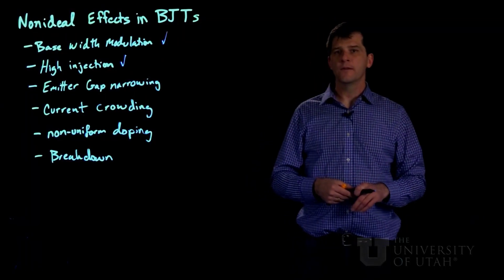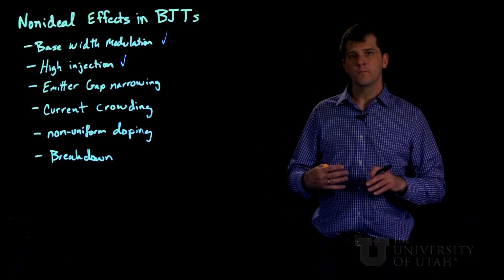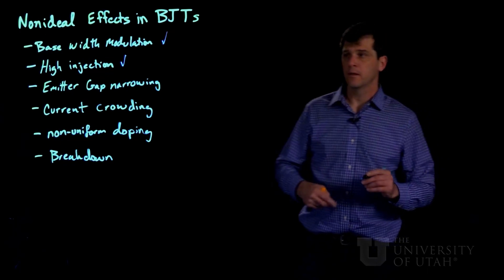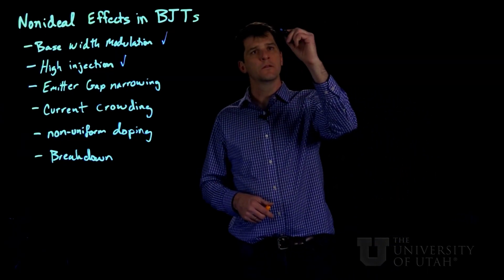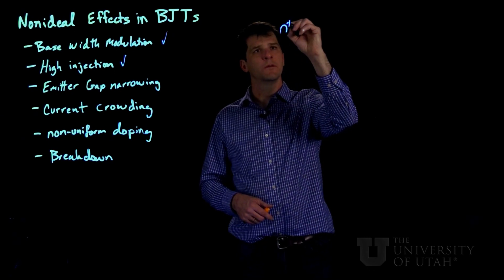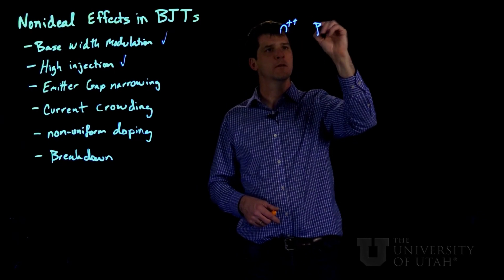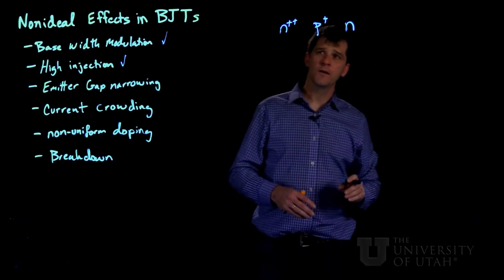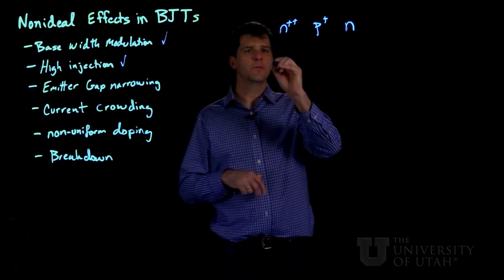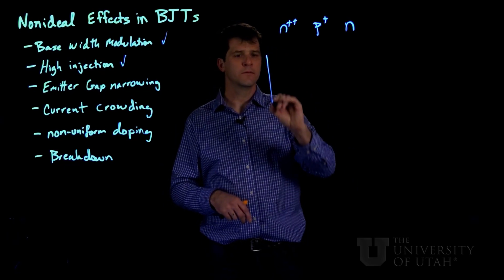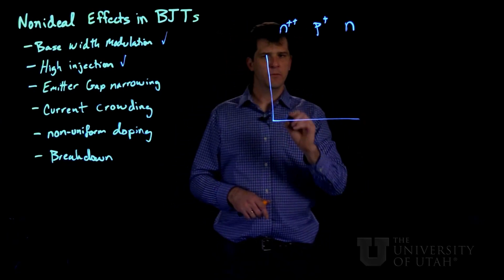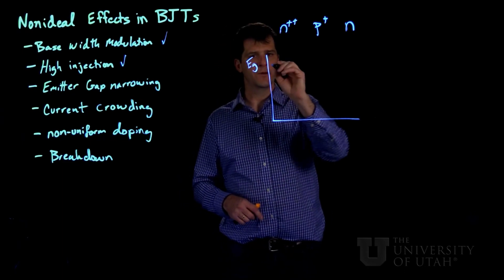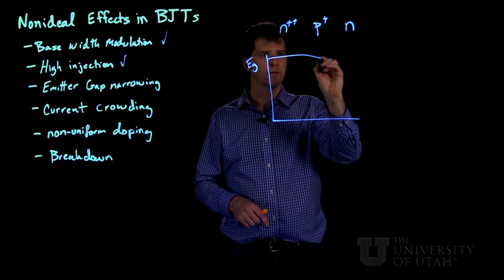All right, so those are the main things to know about high injection in BJTs into the base. Okay, so the next effect comes from the fact that we want to very heavily dope the emitter in the first place. So remember that our structure might be like this. And when we dope so heavily, what actually happens is the band gap of the material decreases.